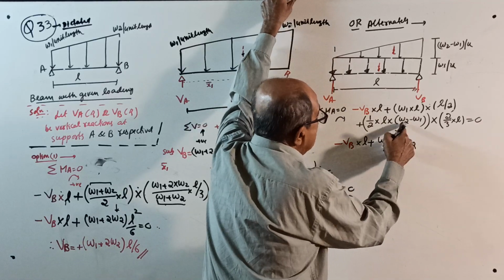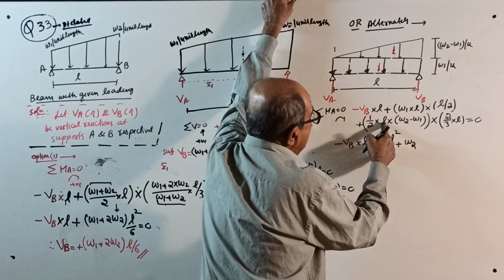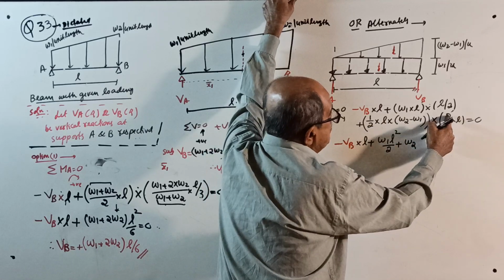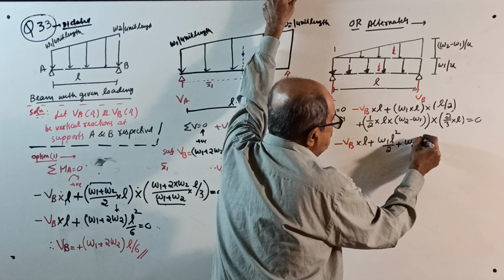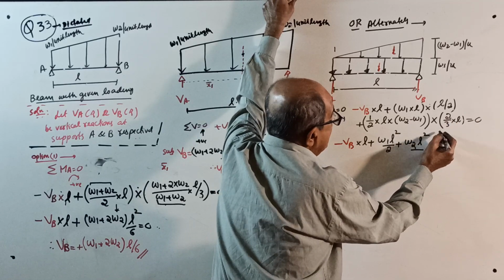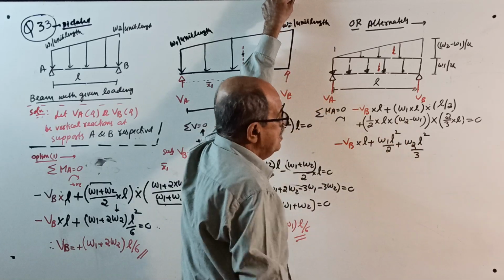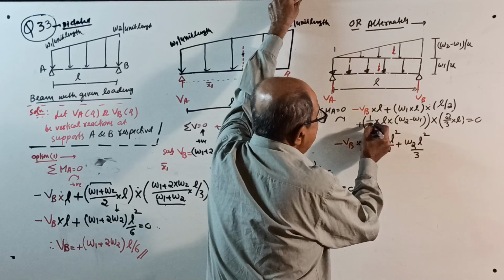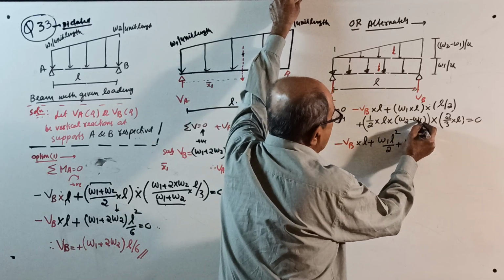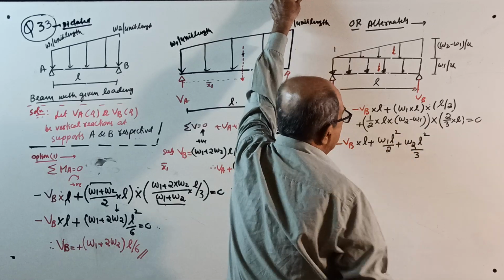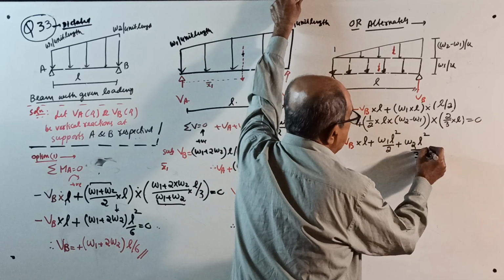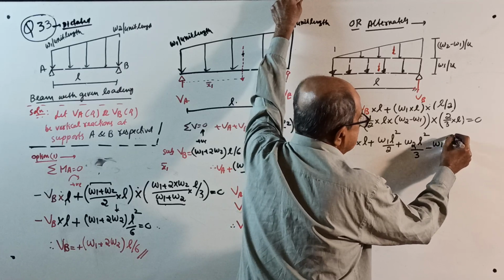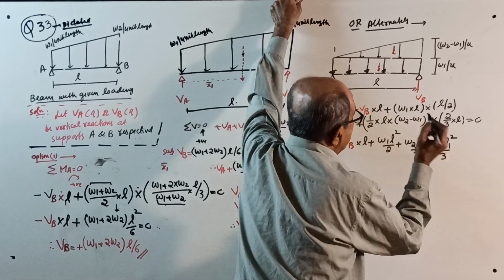W2 L by 2 into 2/3 of L is W2 L square by 3. One more term is there, half into L into minus W1 into 2/3 of L. Same number. So it will come minus W1 L square by 3.